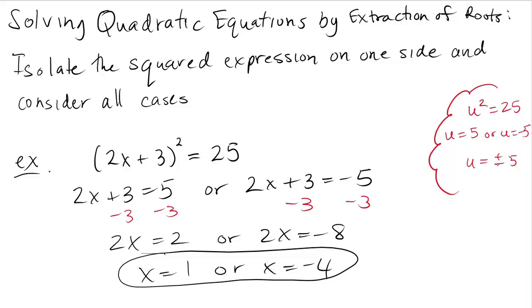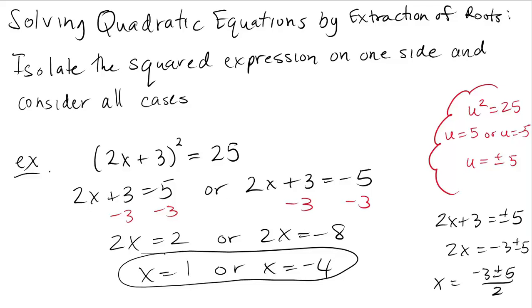So back to why I didn't use the plus or minus notation. For those of you that are familiar with it, you're like, well, isn't that a more concise way to write it? It is an easier way to write that first line because I can write 2x plus 3 equals plus or minus 5. But then I want you to solve that equation. And so if you write 2x equals negative 3 plus or minus 5 when you subtract 3 from both sides, and then divide by 2, you have x equals negative 3 plus or minus 5 divided by 2, but those can be simplified.